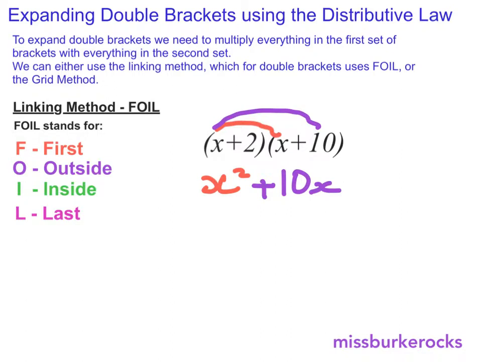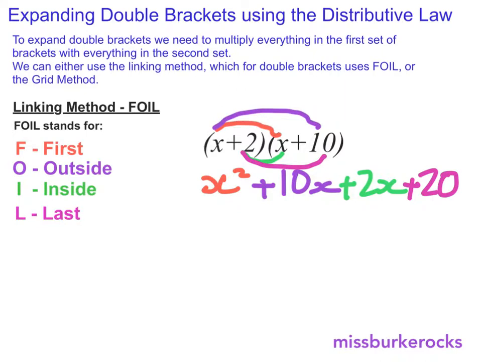Then I'm going to do the inside, which is 2 times x, or positive 2 times x, which is plus 2x. And then I'm going to do the last, which gives us 2 times 10, or positive 2 times 10, which gives us plus 20.